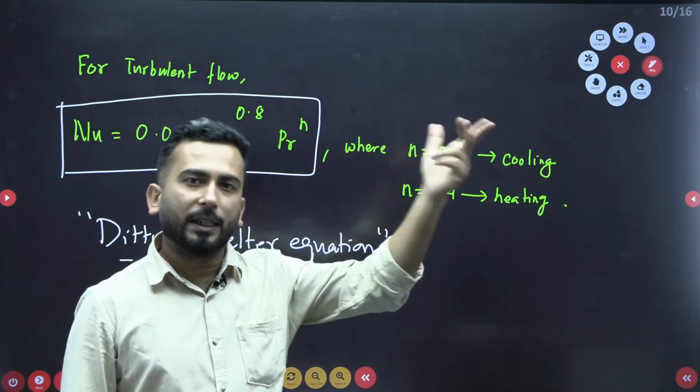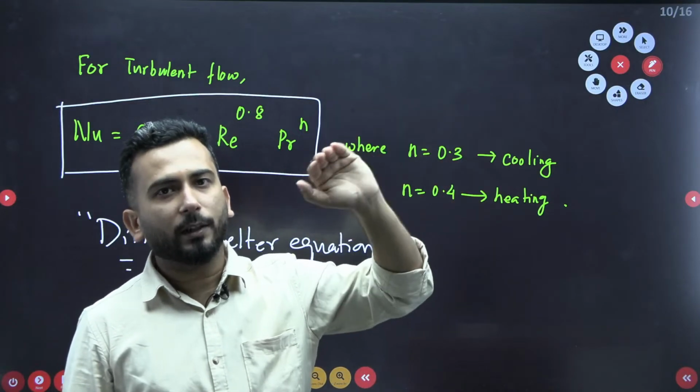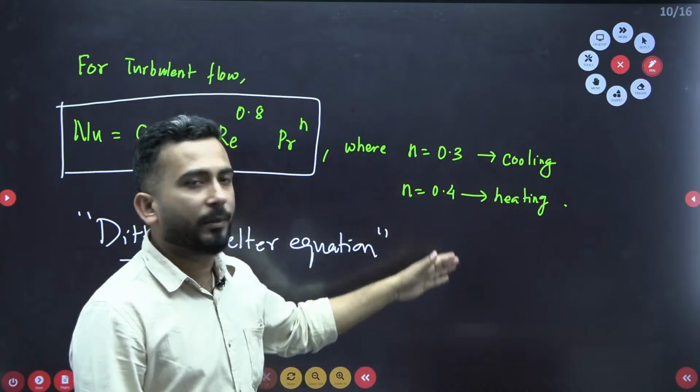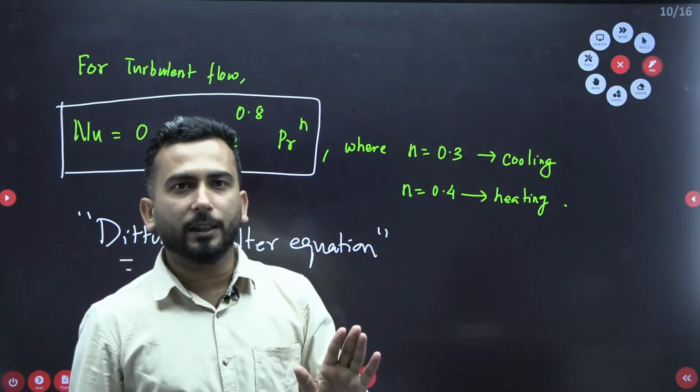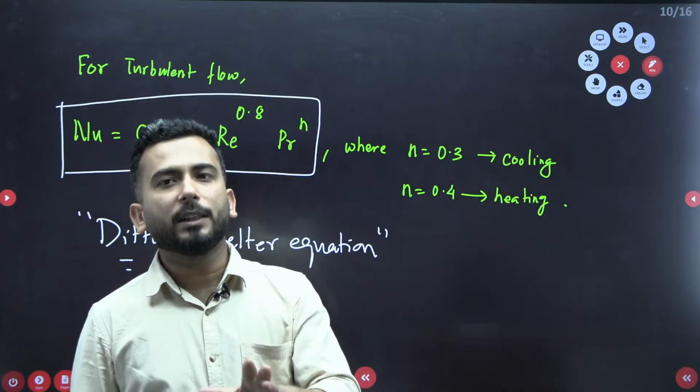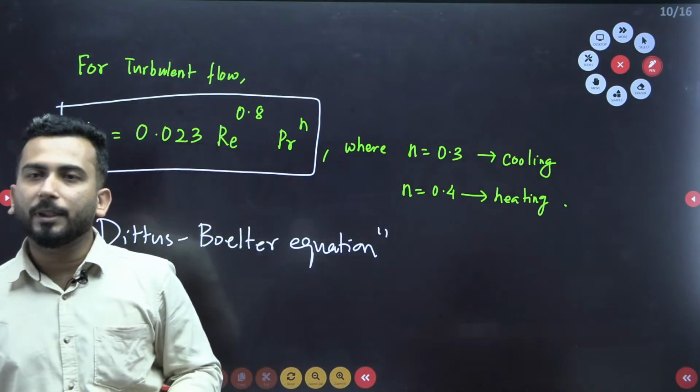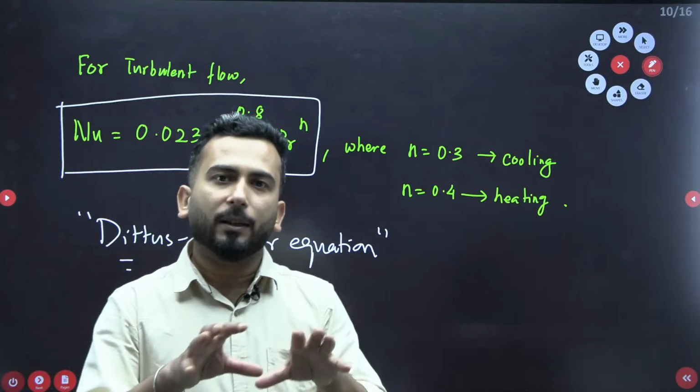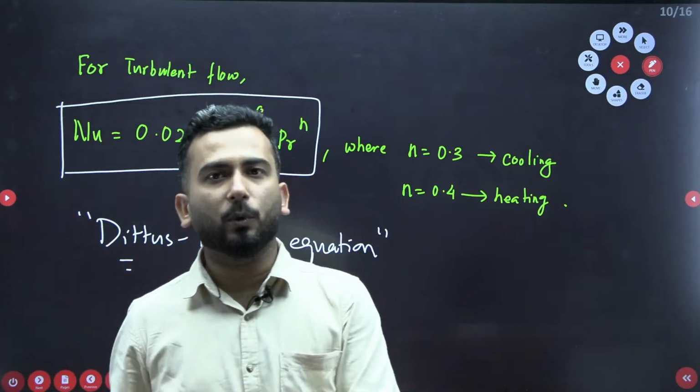Conduction is already done. This is the convection. 2 lectures I have taken for convection, and if you follow these 2 lectures from yesterday, you will see that most of the questions that we are doing are coming from these concepts only.